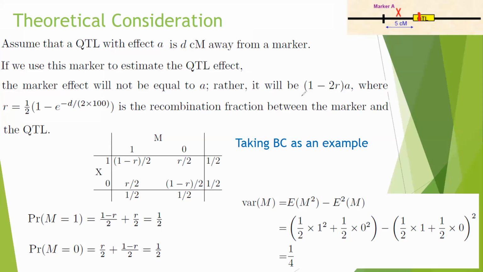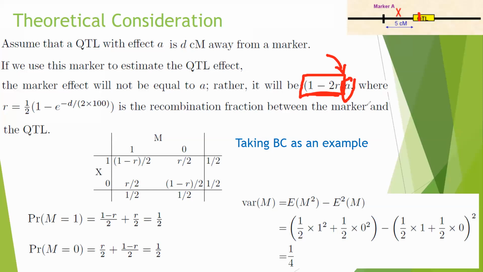So even if this QTL is a major QTL with a big genetic additive effect, due to the limit of the marker information, you may only estimate part of this genetic effect.